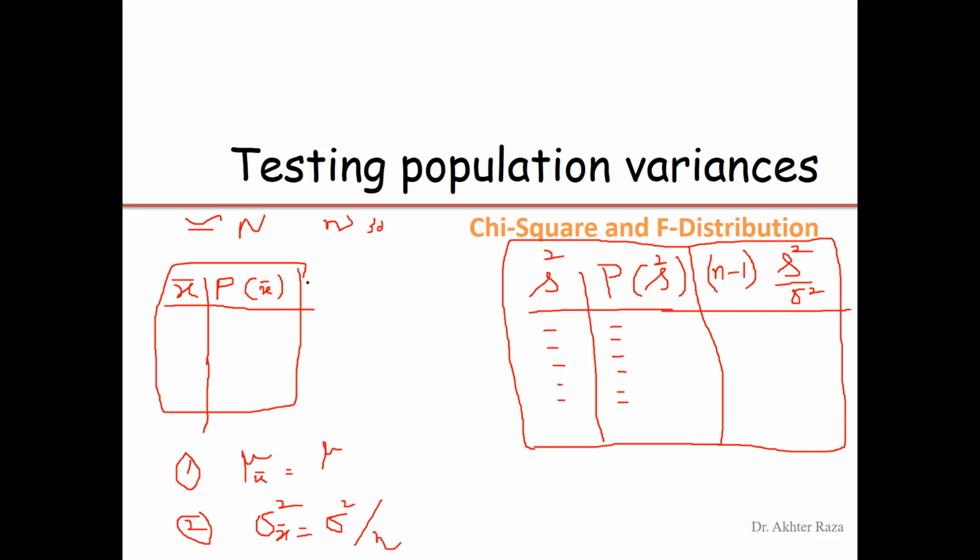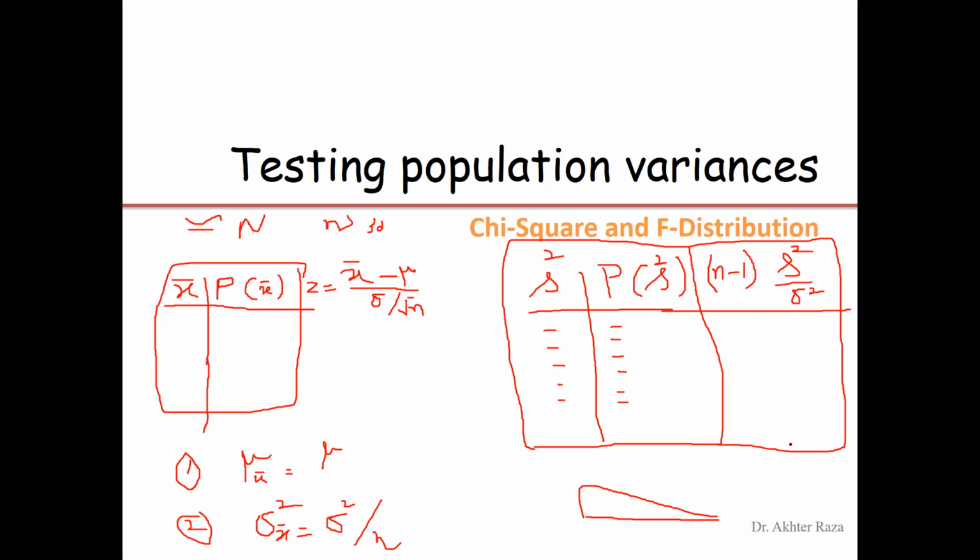As we have a z column here, X bar minus mu upon sigma upon root n, which is a normal distribution, in the same way, if I construct this transformation n-1 times s square upon sigma square, then this transformation will follow a right skewed distribution named the chi-square distribution.